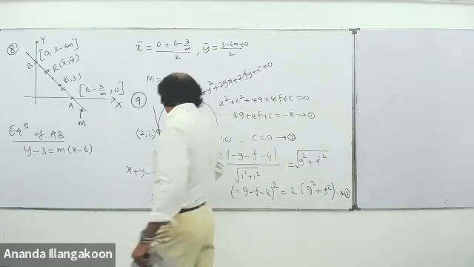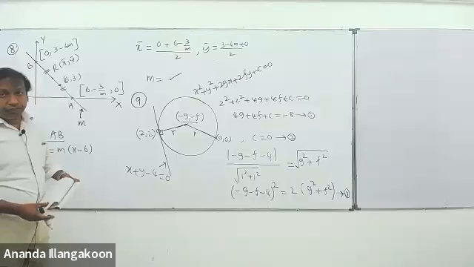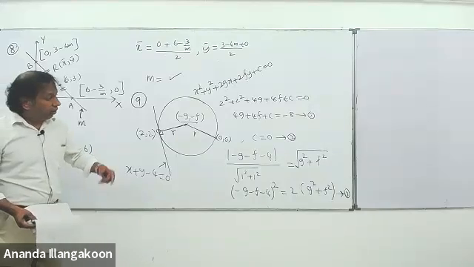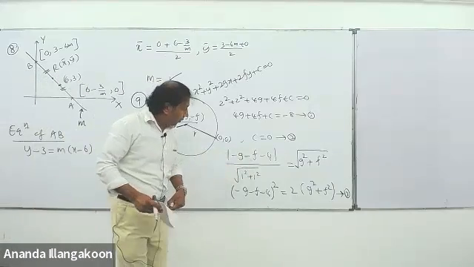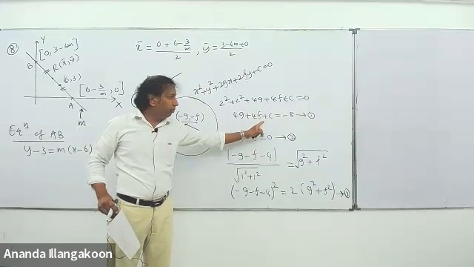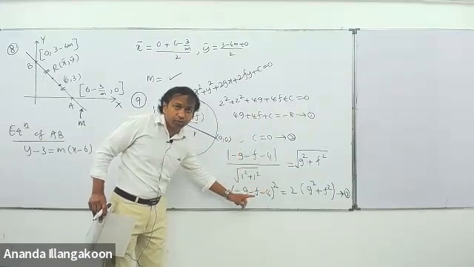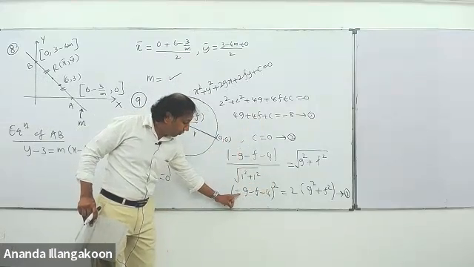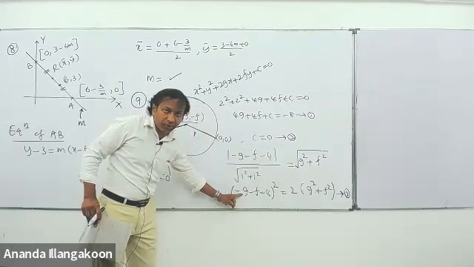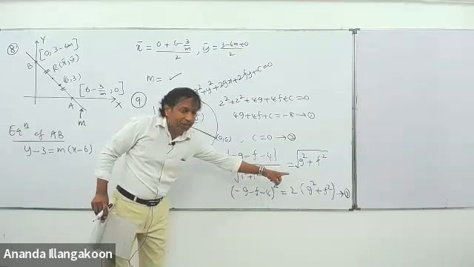Now you can take the g, f, c 3 values. There are no third equation we have, right? c we know, put that here, then we get another relation between g and f. Square this. Once you square this, g squared, f squared terms come in, that will cancel with the right hand side.